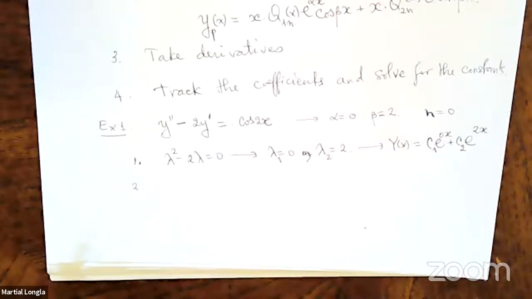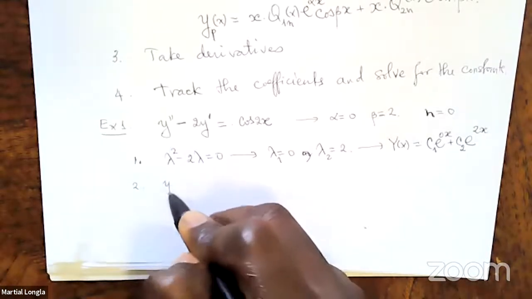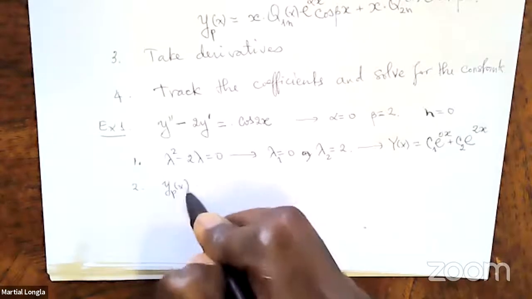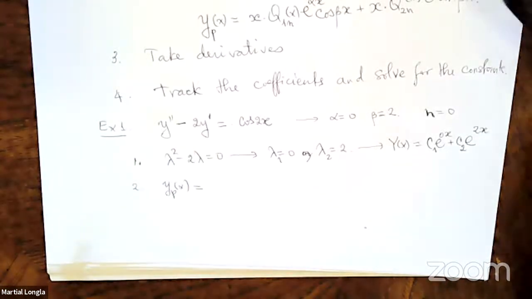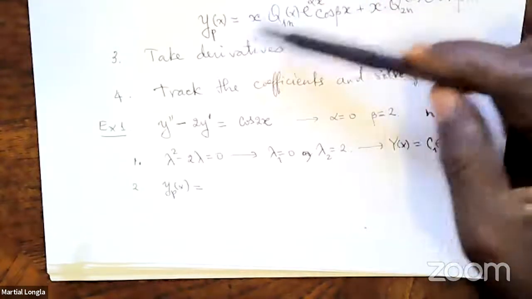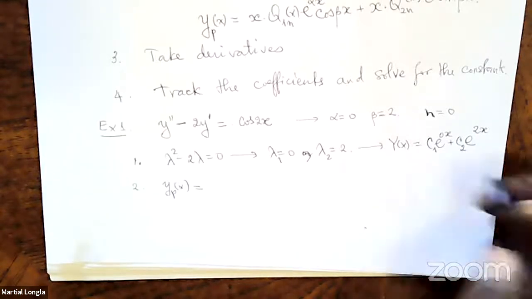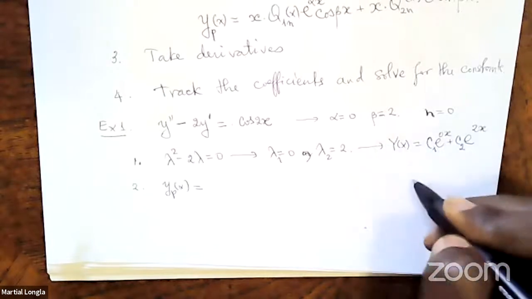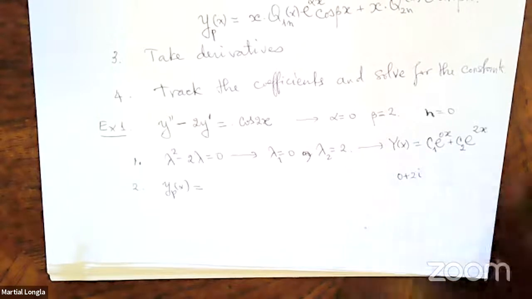Then you get to the second step where you want to find a formula for yp of x. How do I find that? I need to check one thing. Is alpha plus i beta a solution or not of the Euler equation? And so alpha here is 0, beta is 2, so that is 0 plus 2i.